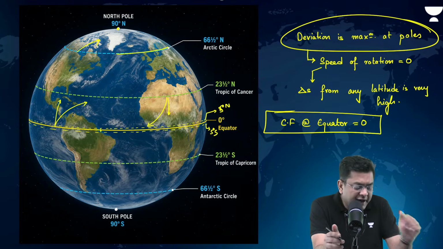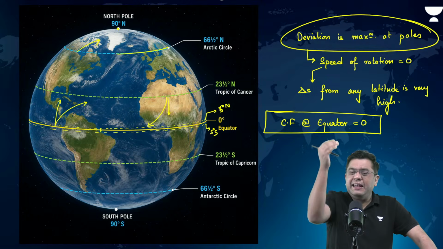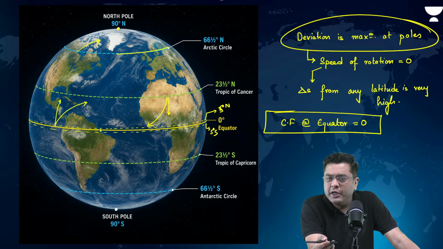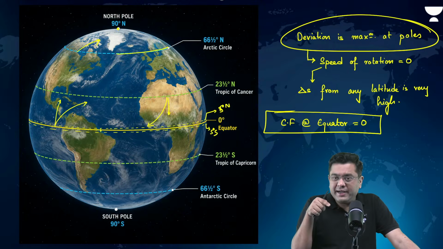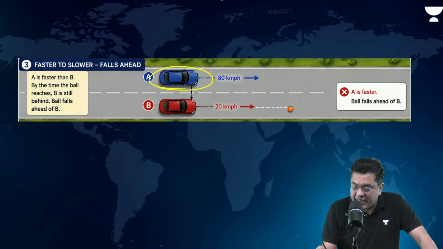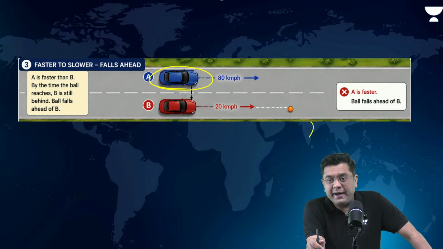But yes, let's suppose you have to fly from Delhi to Bangalore, your plane will experience Coriolis force. So the plane has to counter that. Your plane will actually fly like this in order to counter the rightward bend.